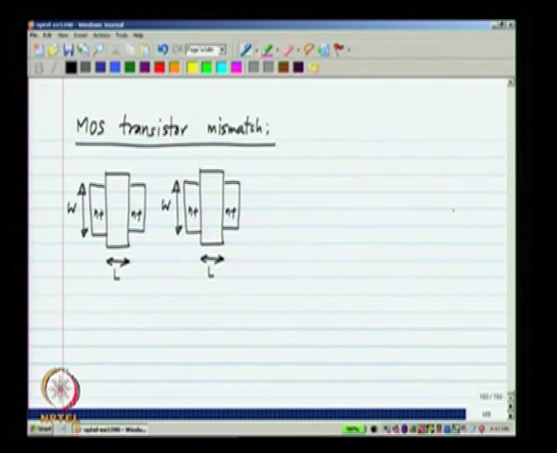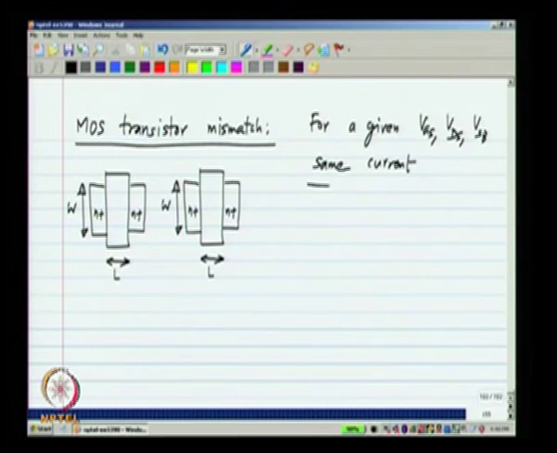So, these two are nominally identical, that means that if you bias it with a given VGS, VDS and VSB, you should get the same current. Okay. Now, as usual it turns out that things are not exactly identical, they are only nominally so. There is a small difference between the two.